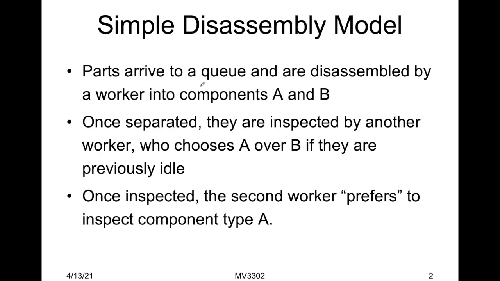However, the rule that we're going to have is that they always prefer A over B. So if an A and a B show up, then they inspect A, but while they're inspecting that, if another A and a B show up, they're going to also do the A. So when the worker finishes inspecting, they will always prefer to inspect a component of type A over type B. That's the rule we're going to have.